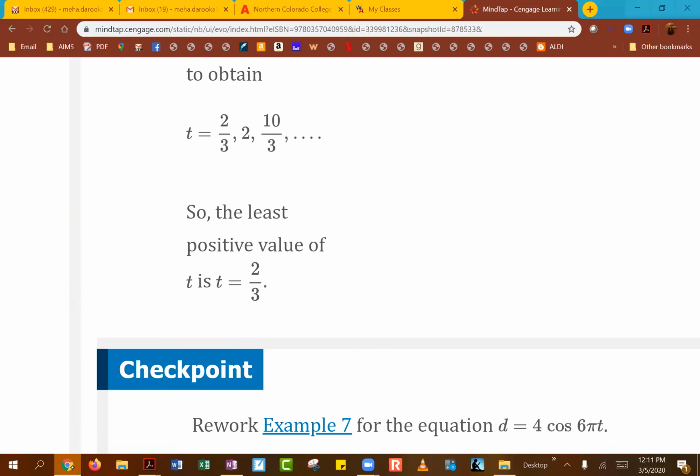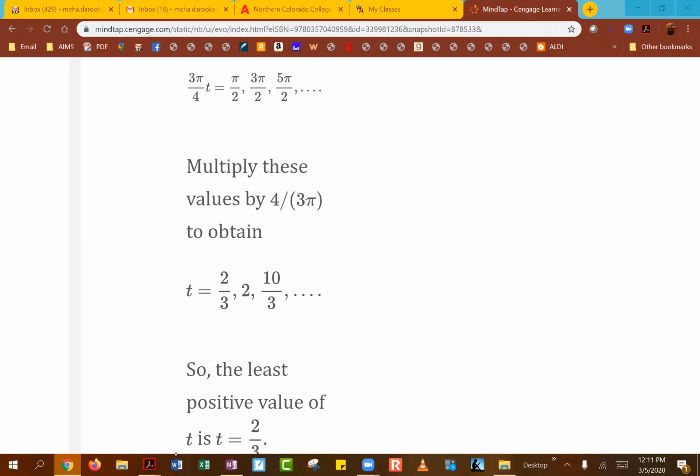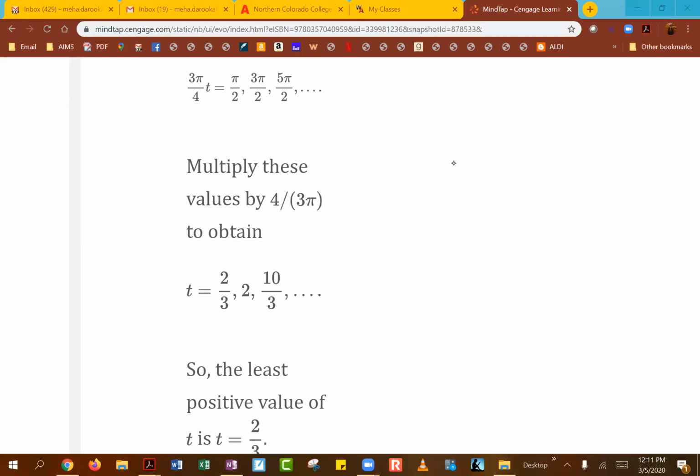So this part here, all you are doing, let me see if it will let me do a little annotation here.